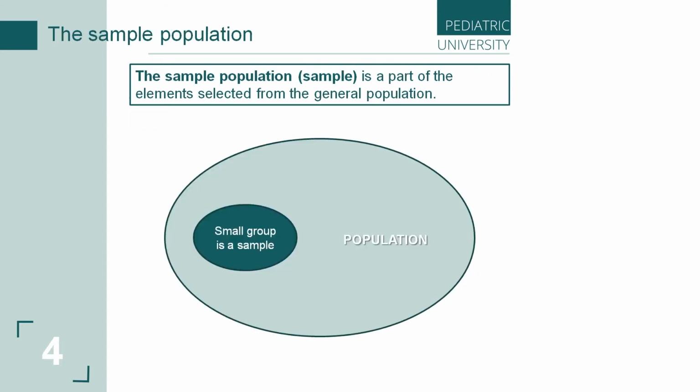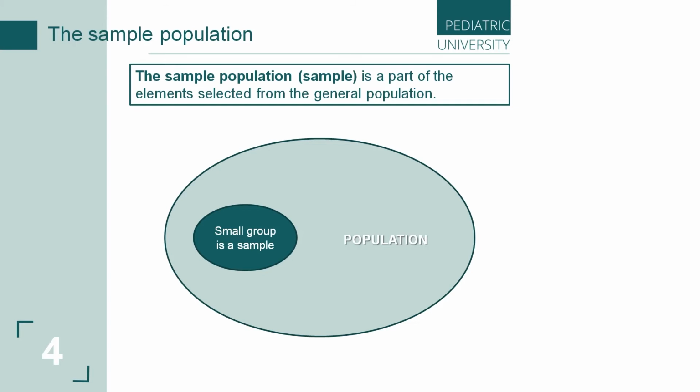It's impossible, and sometimes very expensive, to study the whole general population. So, statistical methods are used that allow us to draw conclusions about the whole population based on studying a sample from that population.